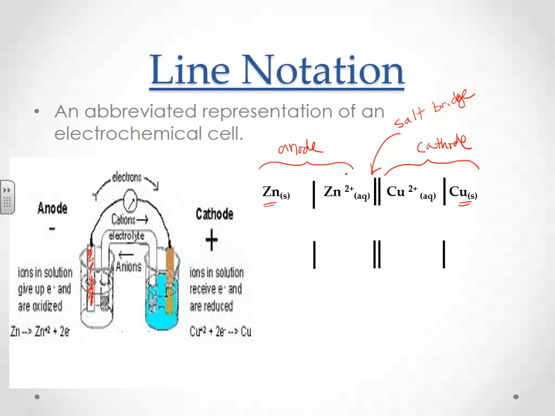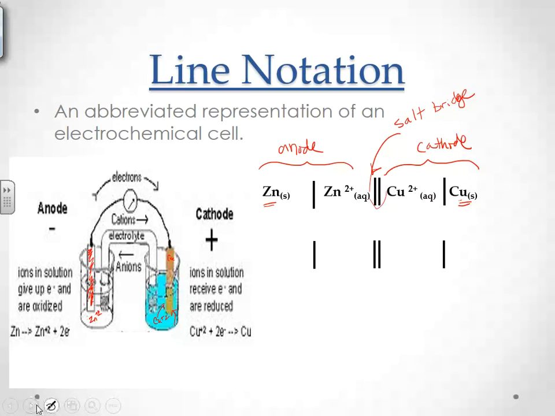Okay, and then you put your ion, because what's happening is you have those zinc ions. If you think back to the video, the zinc ions are in solution. And then you put your double parallel lines, which represents your salt bridge. And then you put the copper ion, these are the ions floating around in solution here that are going to be migrating to the cathode. And then you put your metal electrode last. This is your copper electrode, the metal itself.